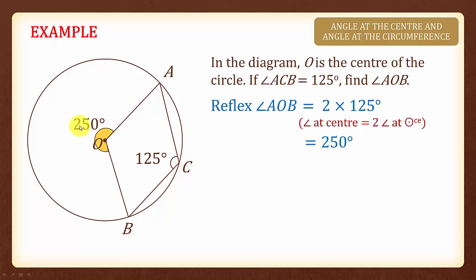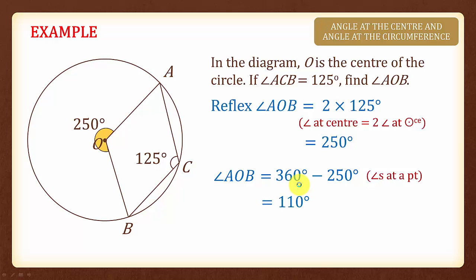And we will have 250 degrees. Finally, to find angle AOB, we'll simply use 360 degrees minus 250 degrees because of the angle property, angles at a point. And we'll have angle AOB equal to 110 degrees.